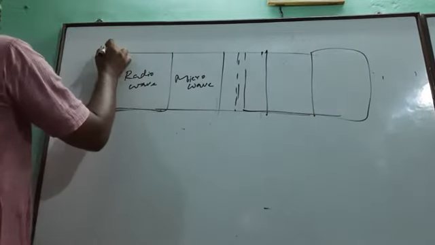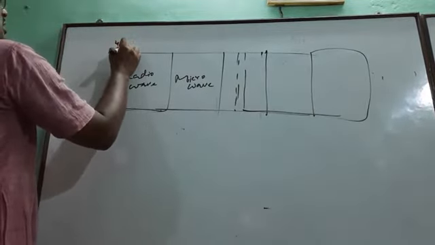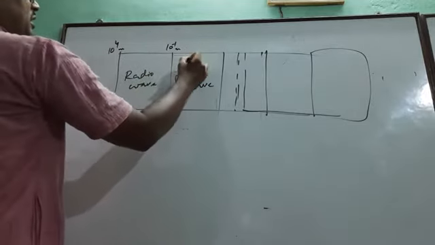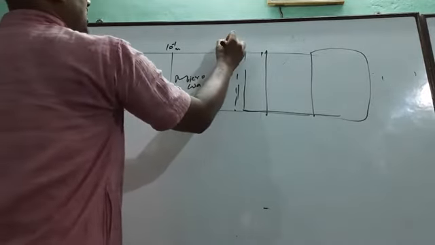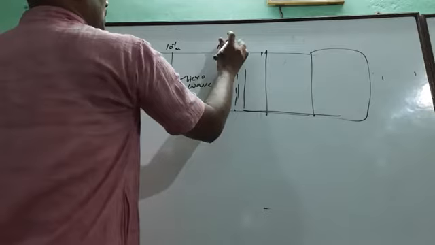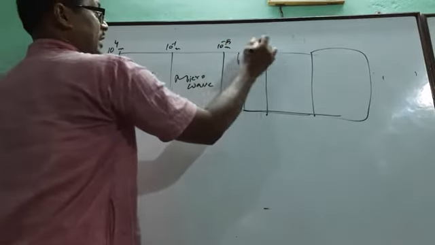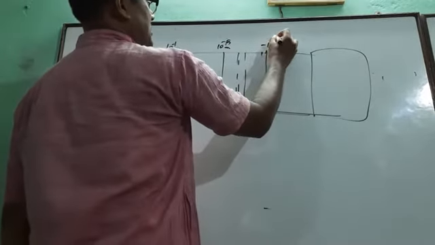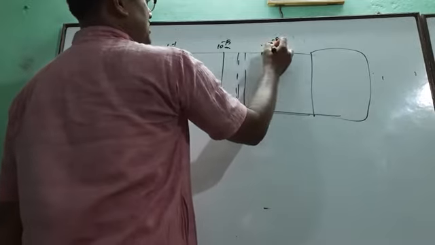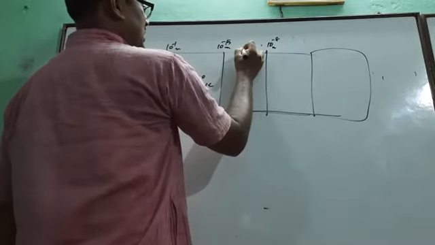So radio wave comes from 10 to the power 4 meter to 10 to the power minus 1 meter, and this region, 10 to the power minus 5 meter up to here, is 10 to the power minus 8 meter. But this region is 10 to the power minus 7 meter.